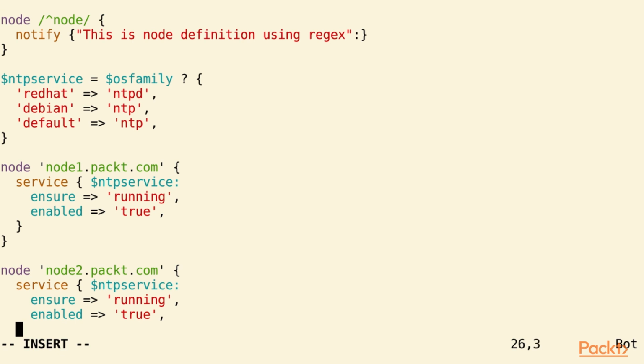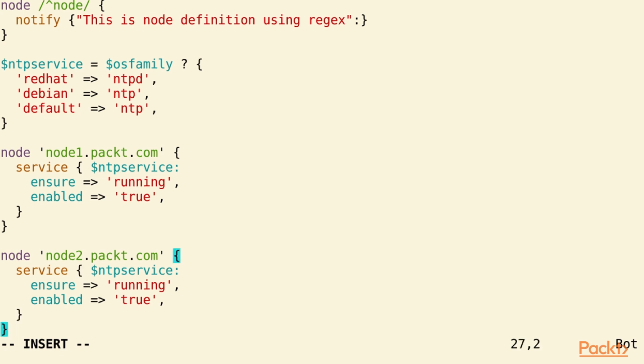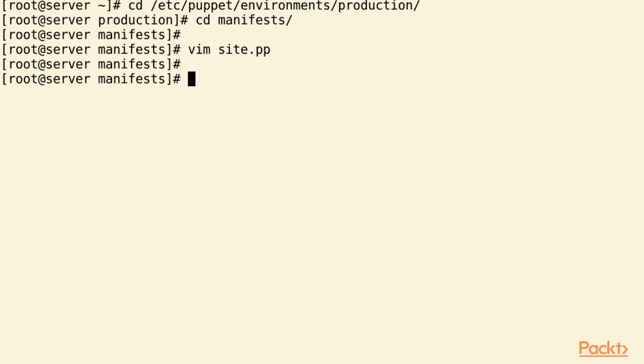After that we would close our service type resource declaration and then finally our node declaration. We would save and exit the main manifest file, and next we would run the Puppet agent on our Puppet nodes to verify if the selector is working.